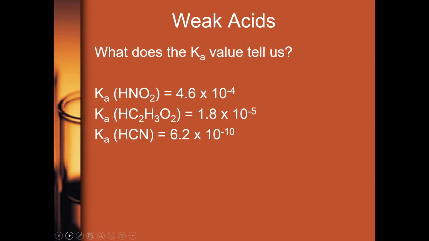So for weak acids, they're all going to be less than 1, but the closer to 1, the stronger the acid. So here you're given the Ka values for nitrous acid, acetic acid, and hydrocyanic acid. Notice that the Ka for nitrous acid has the smaller exponent. That is the larger value. That is the strongest of these three acids.